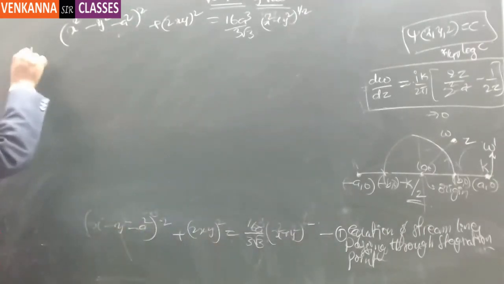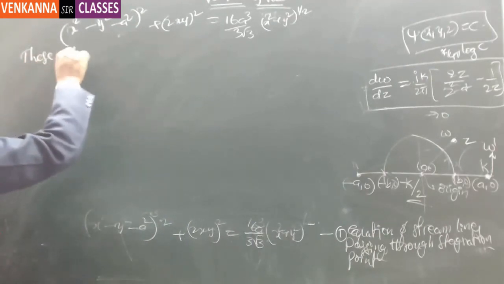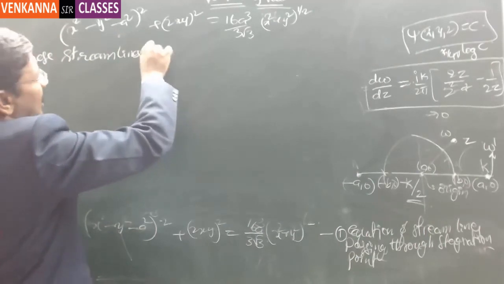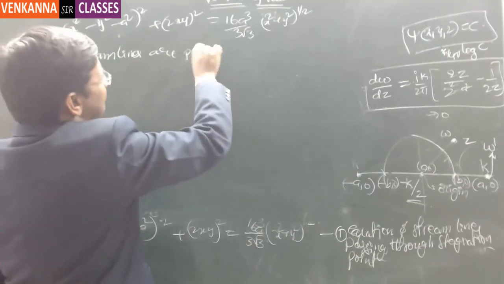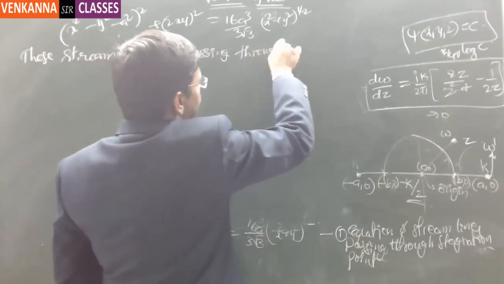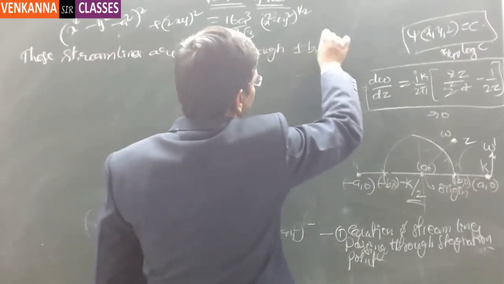So these streamlines are passing through plus or minus b comma 0.